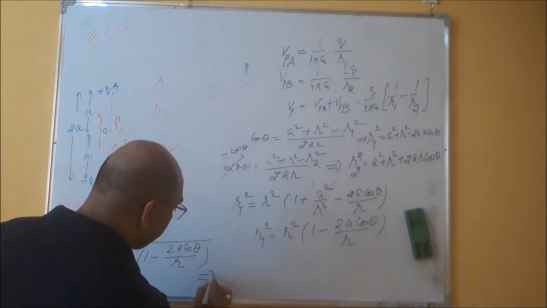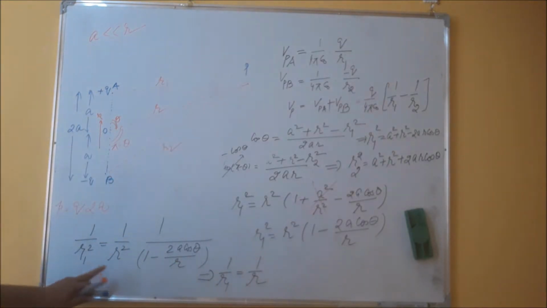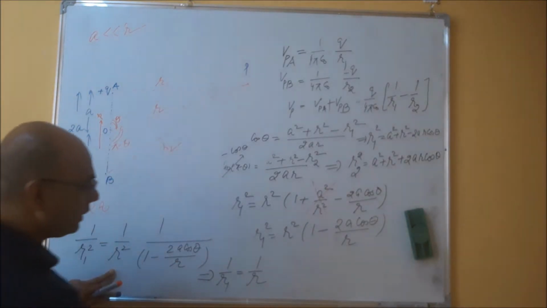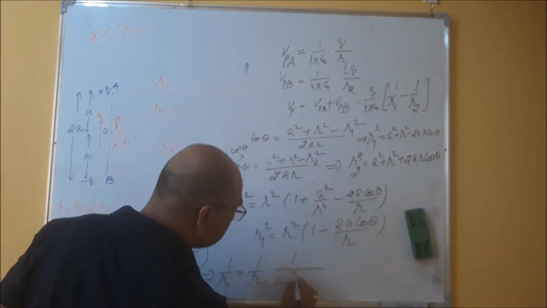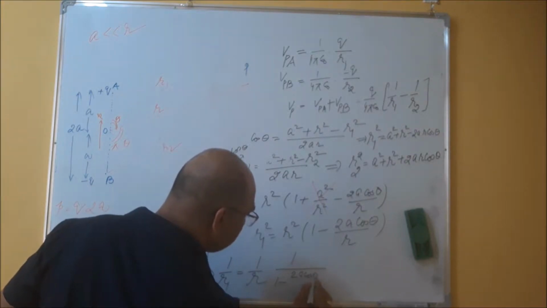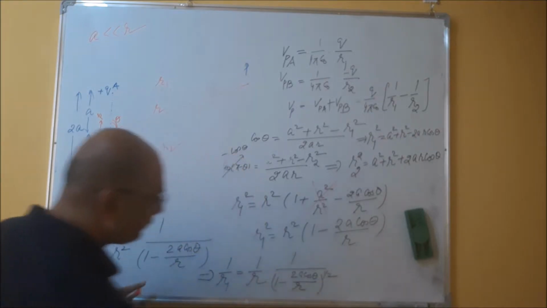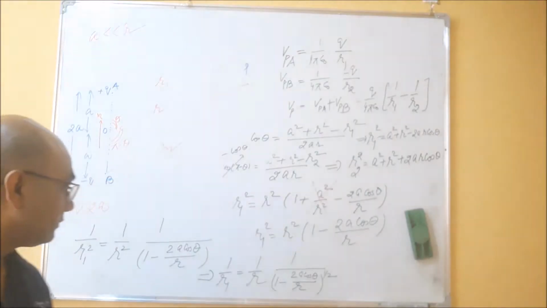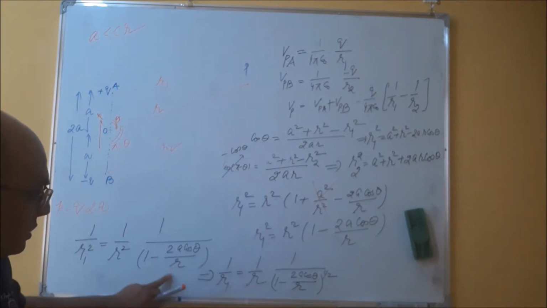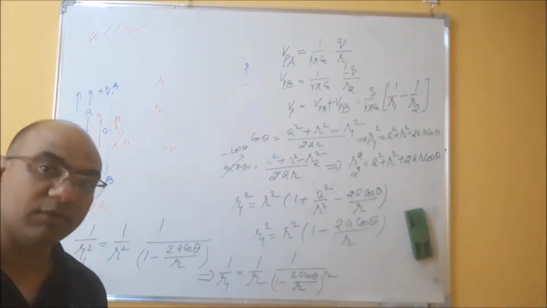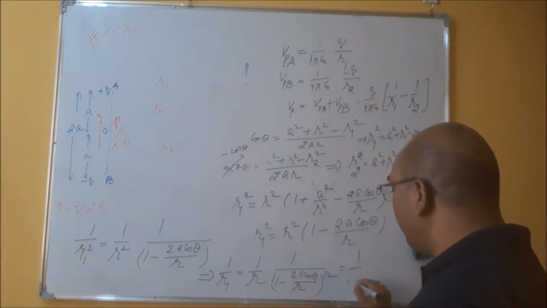So this will be 1 upon R1 is 1 upon R into 1 upon 1 minus 2A cos theta upon R, the whole power is 1 by 2. This is fine. So taking the square root on both sides, 1 minus 2A cos theta upon R will be under square root, and the power is half. You see, I can write it again as 1 upon R.